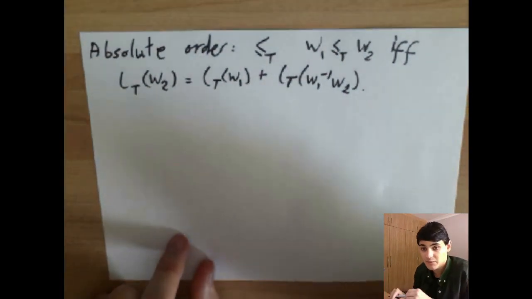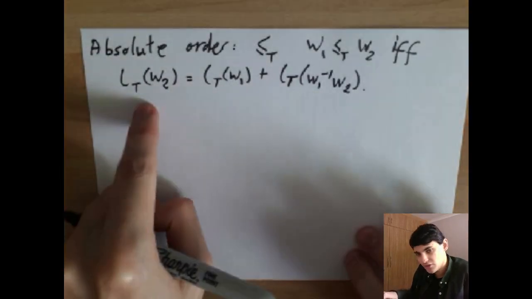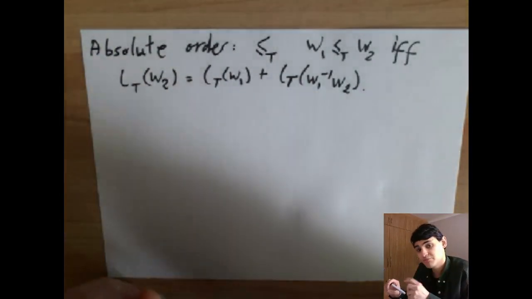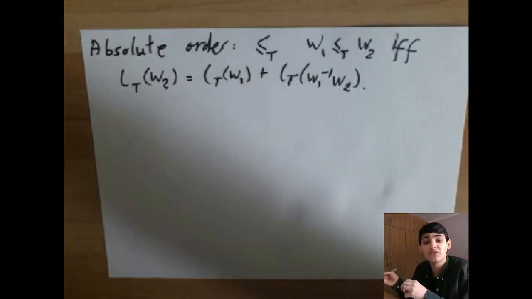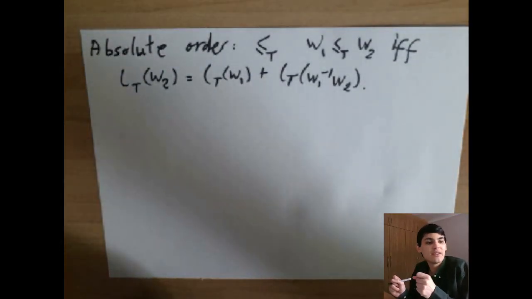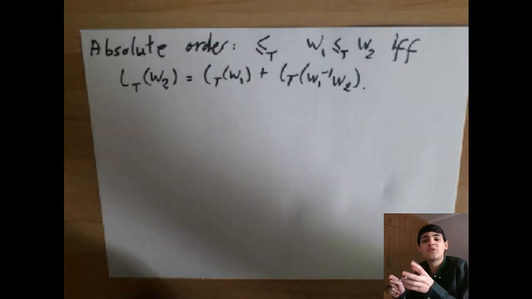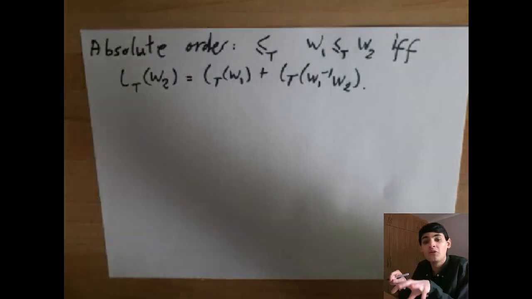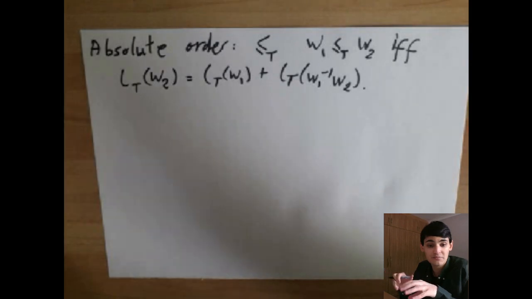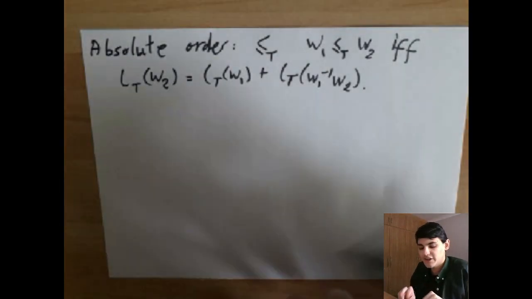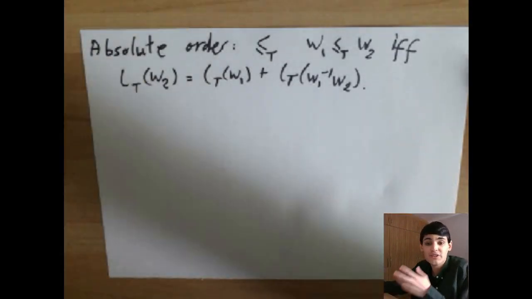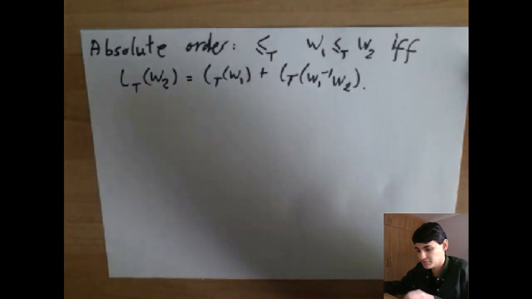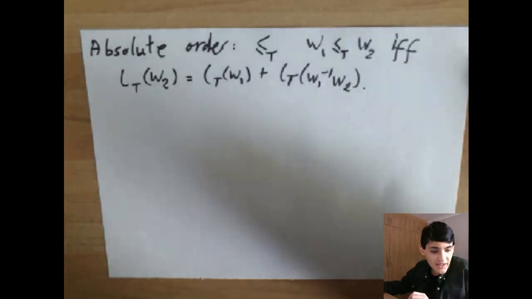That might look familiar because we mentioned a property of this sort in the weak order, and this comes down to what I was saying about the absolute order taking bits of the weak order and the Bruhat order. You can go ahead and check that this is a partial ordering.